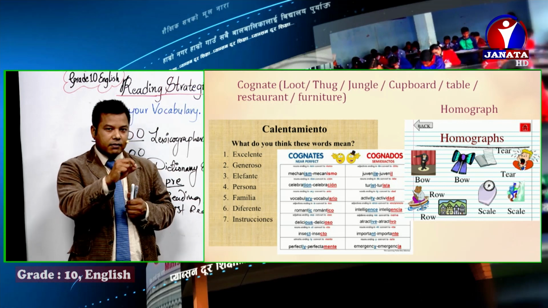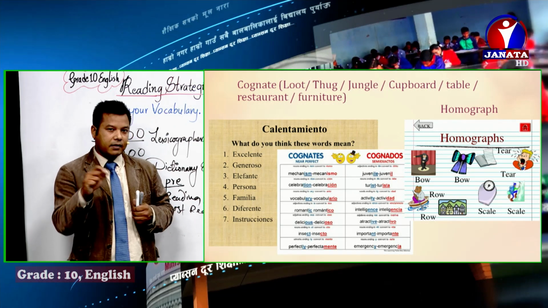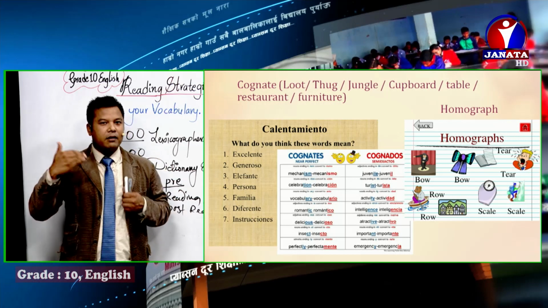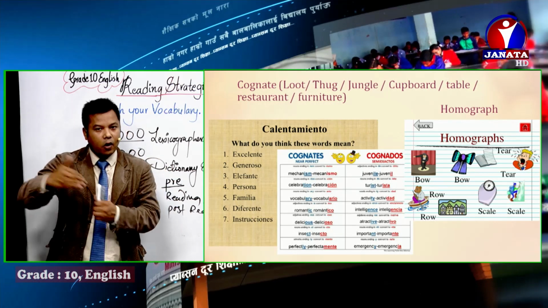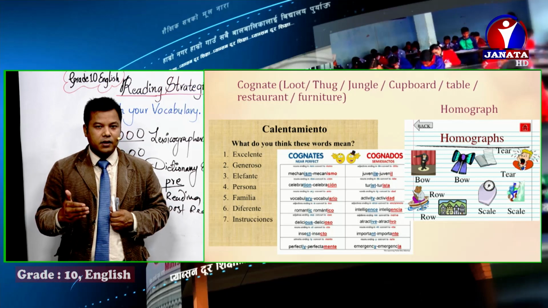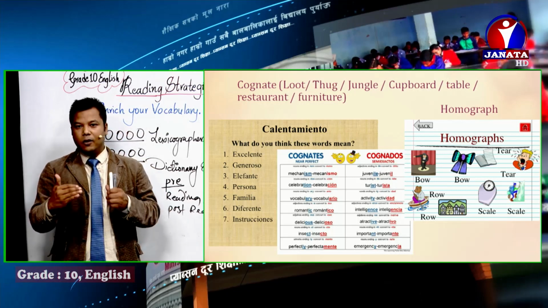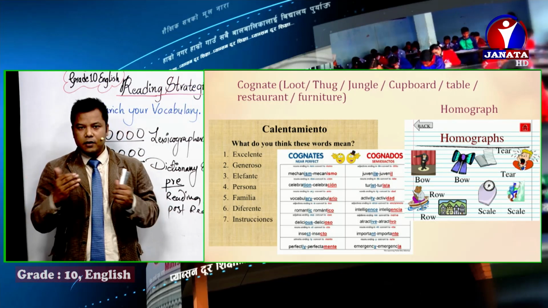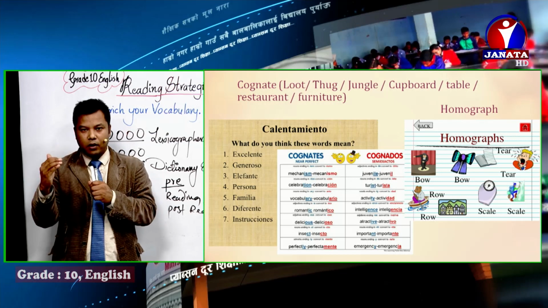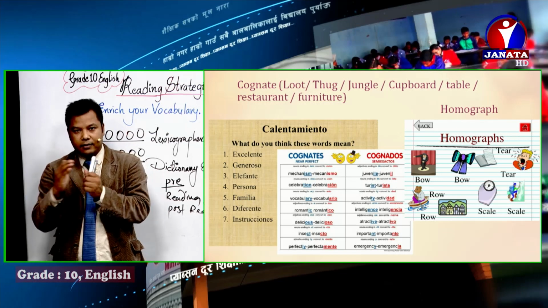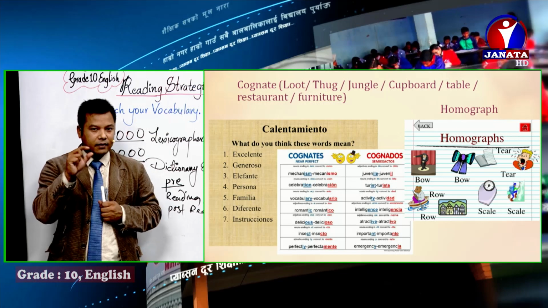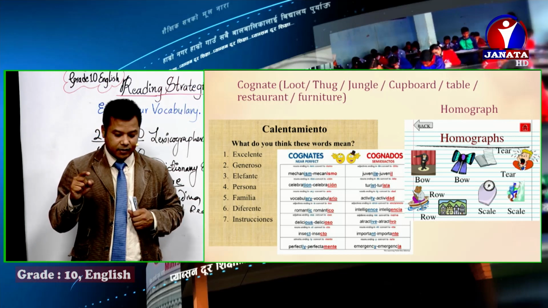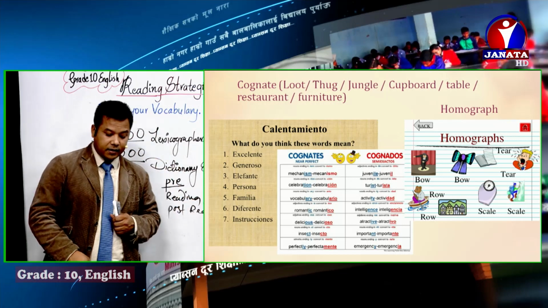If it is used restaurant and an Englishman is reading restaurant, of course, he will try to apply his own sense, his own context will be helping him out. And what is that context? Of course, he knows restaurant. So he will try to equate restaurant and restaurant, and somehow will understand that this word means this. So furniture is the same case.